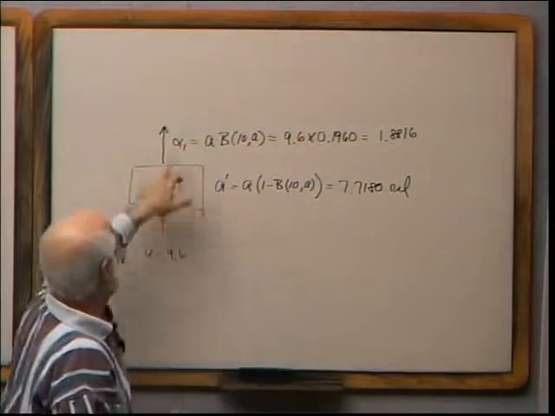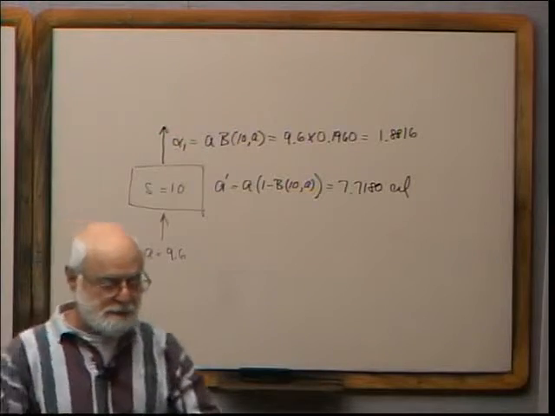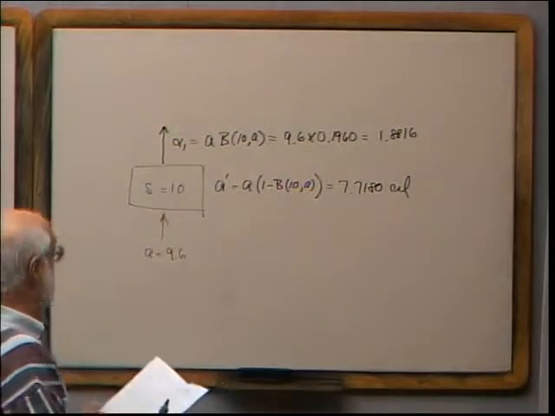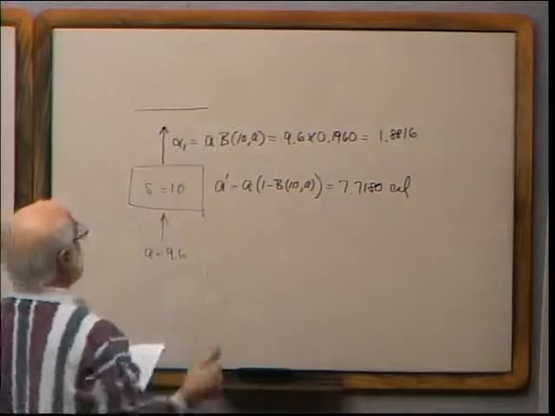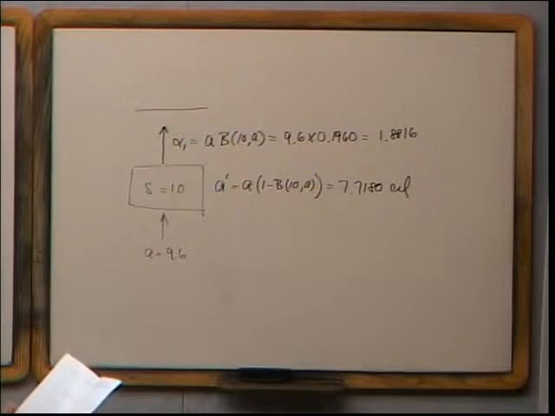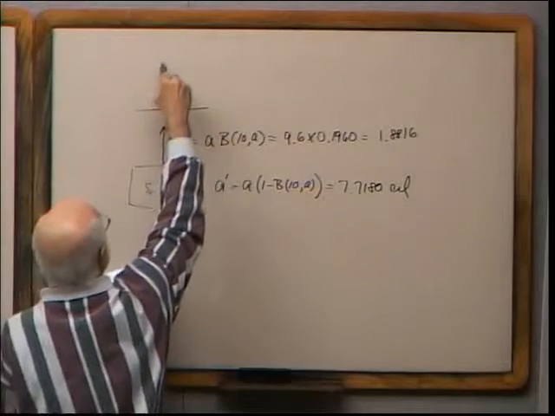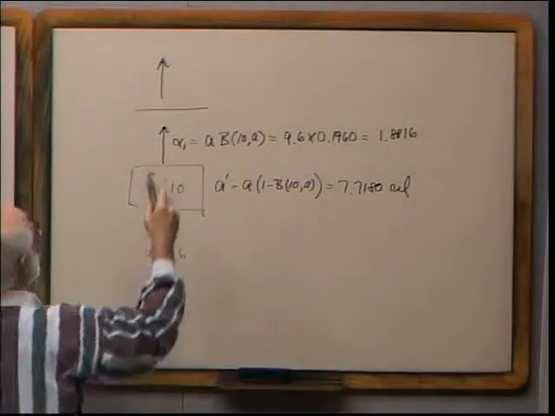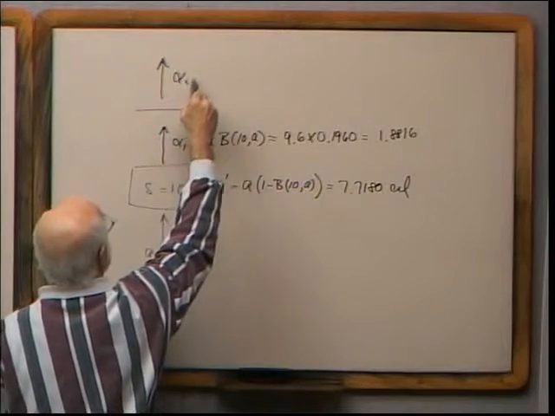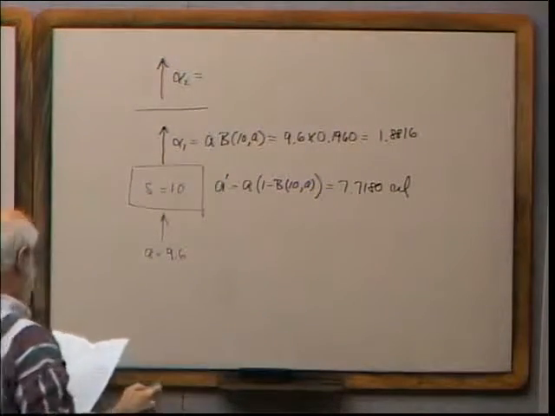Now what I'm going to do is offer that to another server. And I want to see what the effect of that one more server is going to be. Okay, so there's going to be an overflow there, which I'm going to call alpha 2. Now what's that overflow? Well, now I have 11 servers altogether.